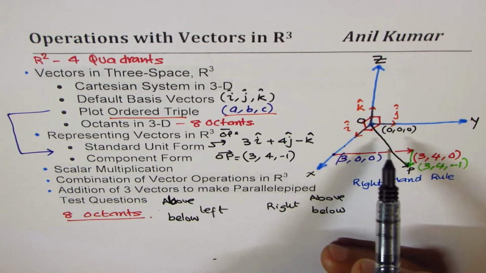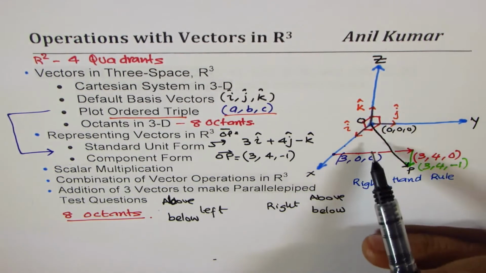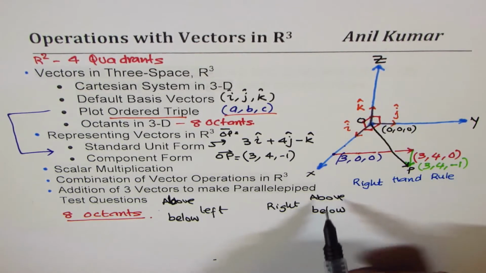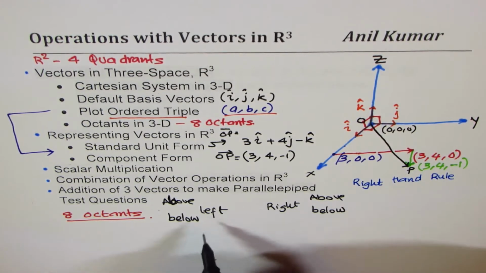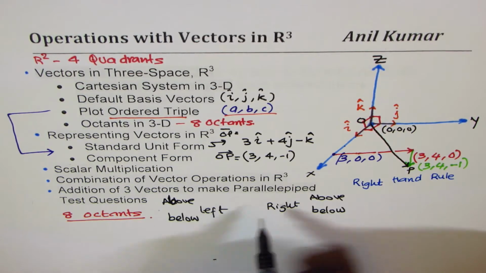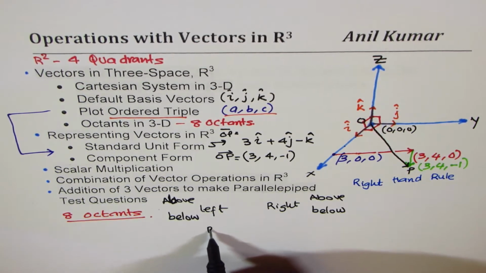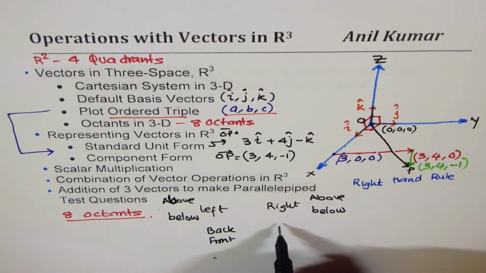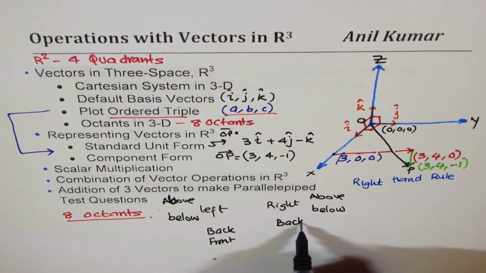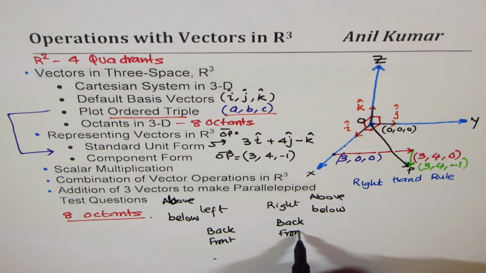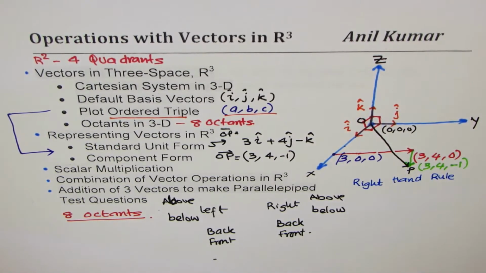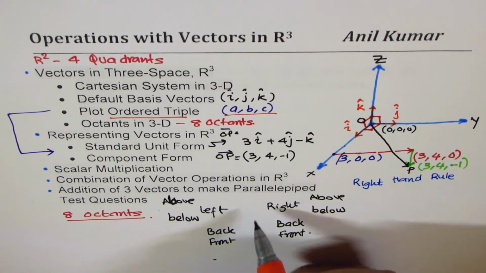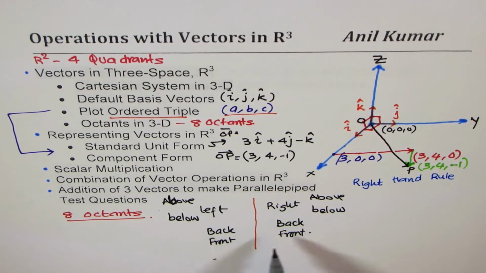It could be on the right, back and front, above, below, and then we have above, below, and also back and front. And the other combinations are back and front. So that is how we are describing the octants, right?